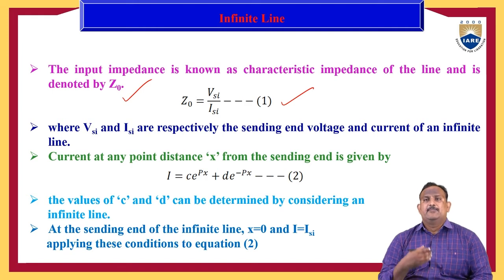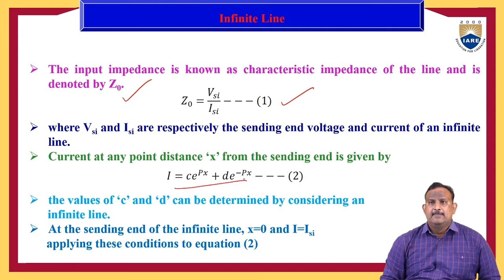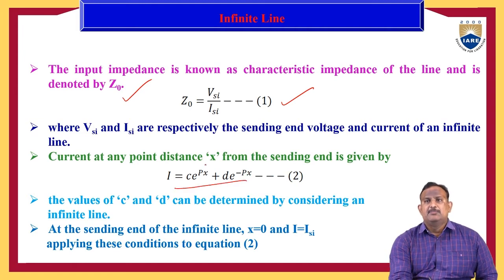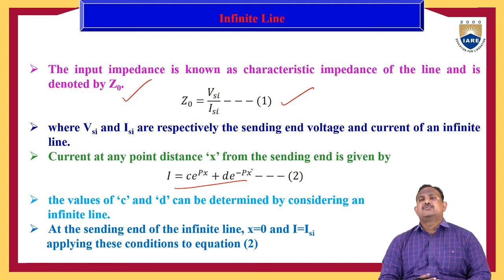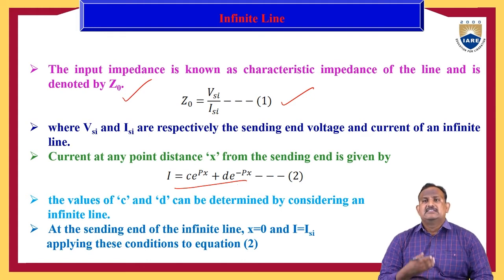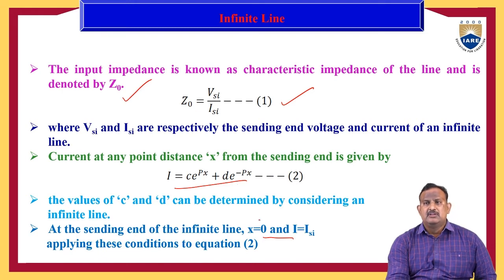The current at any point at a distance x from the sending end is given by I equals C e^(px) plus d e^(-px). The values of C and d can be determined by considering an infinite line. At the sending end, we substitute x equal to 0 and I equal to ISI.